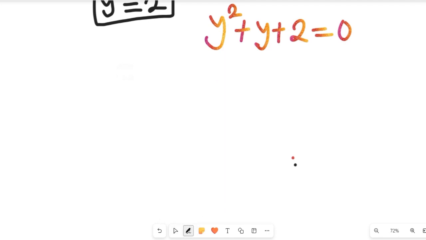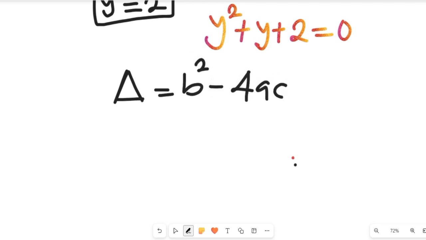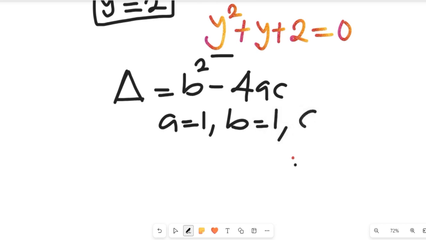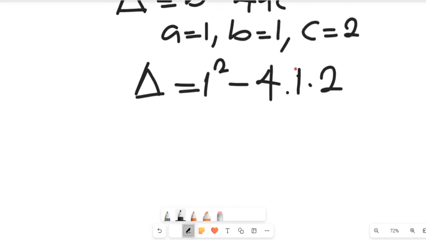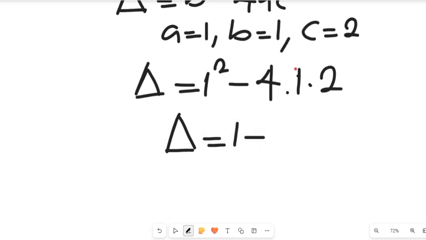The discriminant of this equation will be equal to b squared minus 4ac, where our a is equal to 1, our b is equal to 1, and our c is equal to 2. So the value of our discriminant will be equal to 1 squared minus 4 multiplied by 1 multiplied by 2. That expression will give us our discriminant to be equal to 1 minus 8.